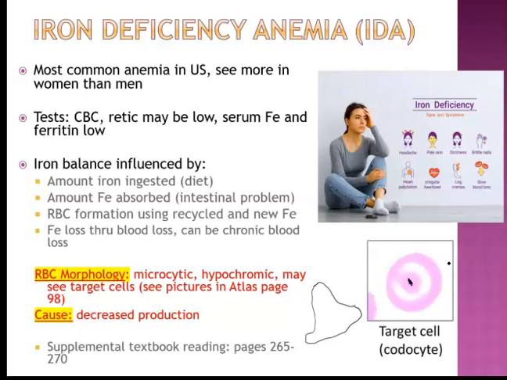This part here would be the top of your bell, and this outer rim of the bell would be this outer edge, and this would be a bell shaped cell. And the cause of iron deficient anemia would be decreased production.